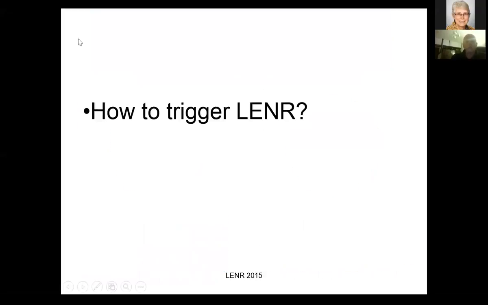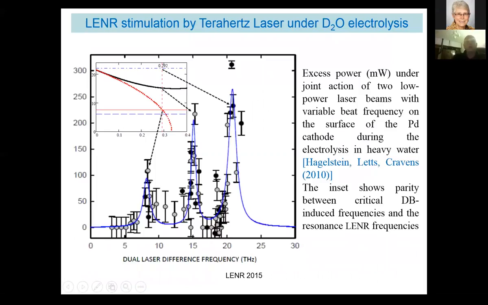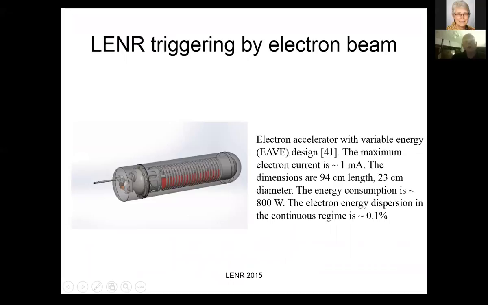Okay? So then the last question is how to trigger LENR. Again, one example is to use some excitation in the terahertz range, as has been done by Hagelstein and Letts. And the other is to try an electron beam as the source of displacement of atoms from their equilibrium positions, and these displacements can be tuned by varying the energy of the electrons.